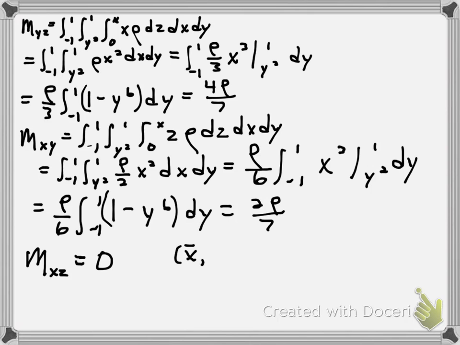which is our x bar, y bar, z bar, equals: x bar is the moment about the yz plane divided by the mass. So for the moment about the yz plane, we got 4 rho over 7, and then the mass was 4 rho over 5.